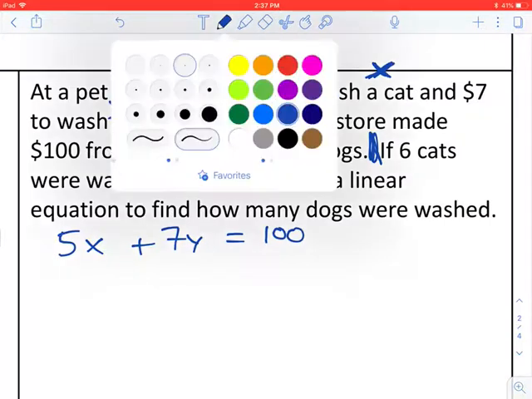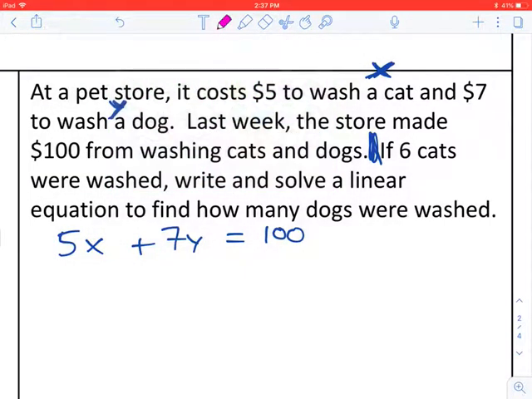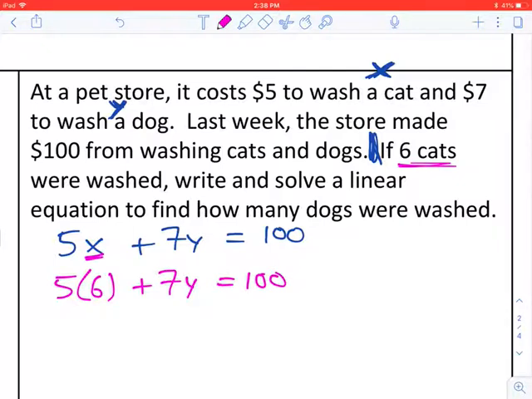It says if 6 cats were washed, solve the linear equation to find out how many dogs were washed. So 6 plugs in for x. So 5 times 6 cats plus 7y equals 100. So 5 times 6 is 30, and I'm going to solve for y.